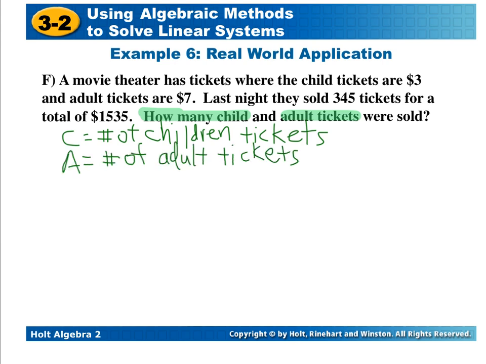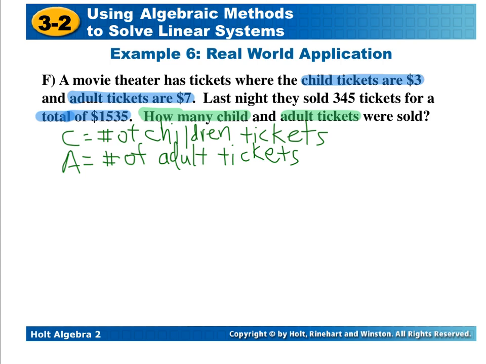Now that we have our variables, we need to figure out what the topics were that this problem was talking about. We see that there are children tickets for $3 and adult tickets for $7, totaling $1,535.